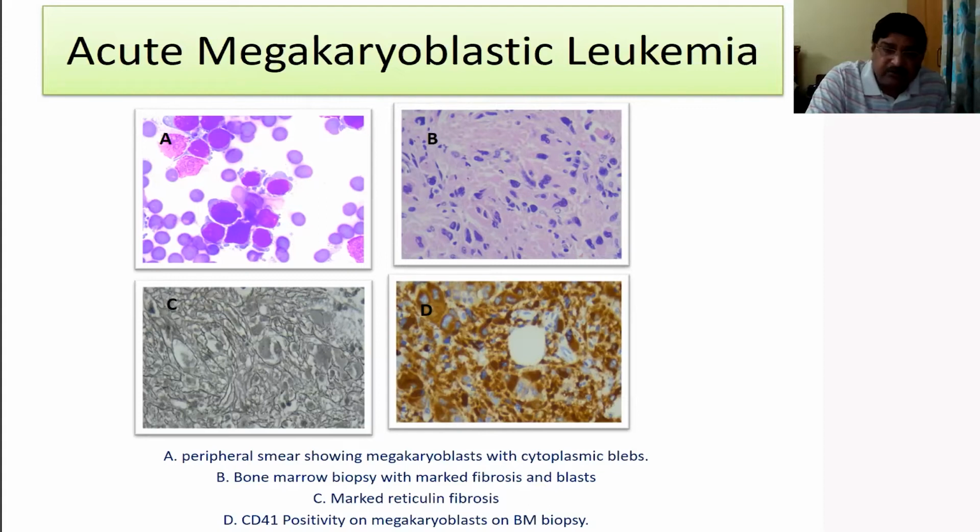The aspirate may be a dry tap or a blood tap. You will not find a lot of cells in the aspirate, but they are all immature megakaryoblasts. And if you do a reticulin stain, the reticulin pattern will be increased. You do the CD41 and 61, and there is significant positivity of these immature cells. So you will have no hesitation in calling them acute myeloid leukemia with megakaryoblastic or megakaryocytic differentiation. Next.